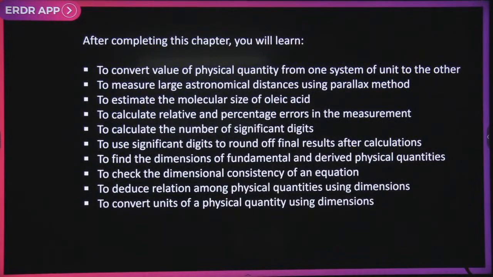You will also find the dimensions of fundamental and derived physical quantities, check the dimensional consistency of an equation, deduce a relation among physical quantities using dimensions, and convert units of a physical quantity using dimensions.